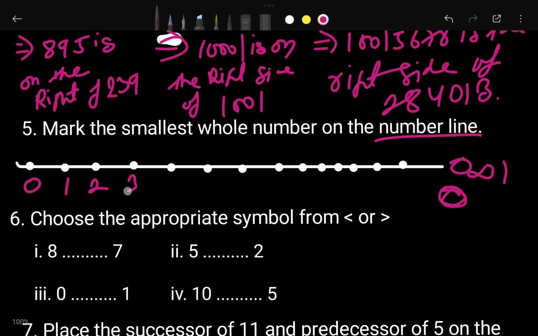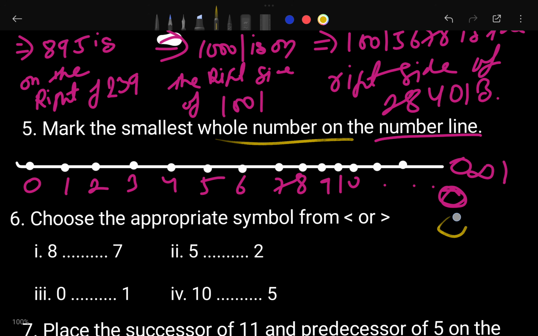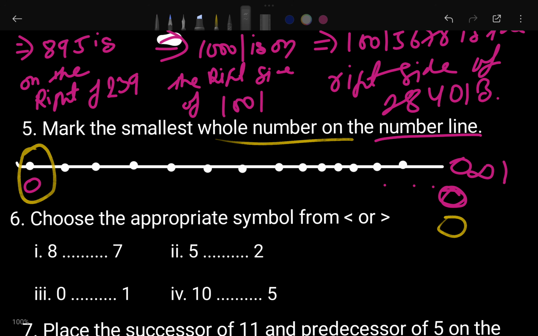This is 0 1 2 3 4 5 6 7 8 9 10 and it goes on. So in this one, which is the smallest whole number? The smallest whole number is 0. So where is it? Here it is. So you can write like that. Otherwise you can draw a line and just mention the 0 and leave it there. You can do it like that also, or like that also. Both are correct.